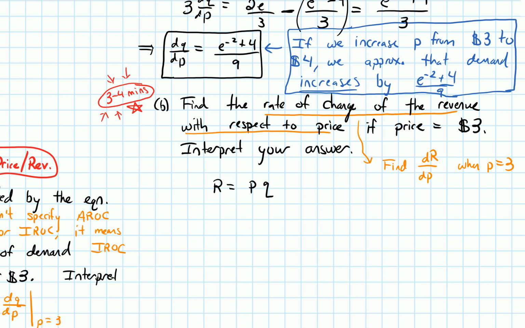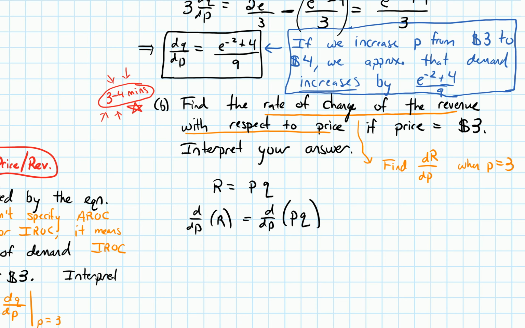Okay, so we have this equation, and to find dR/dP, I'm going to have to take d/dP of both sides. So let's take d/dP of the left and d/dP of the right, of P times Q. And this time, because now we've done a few of these implicit differentiation questions, I'm going to start to just do these derivatives.